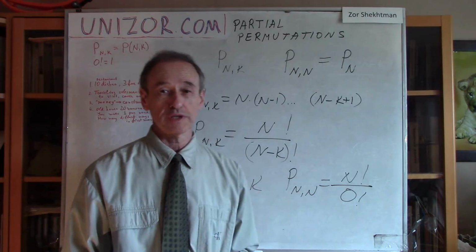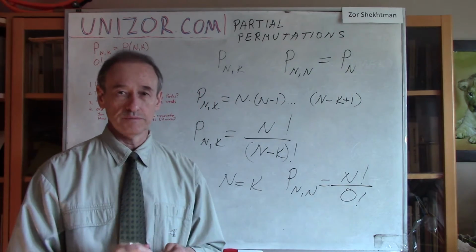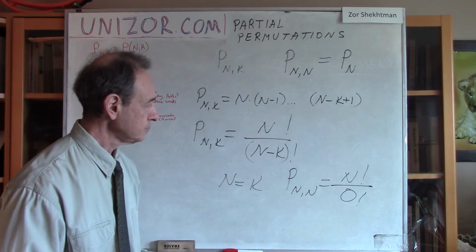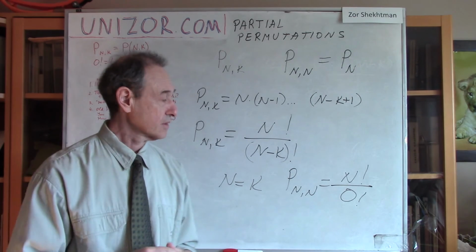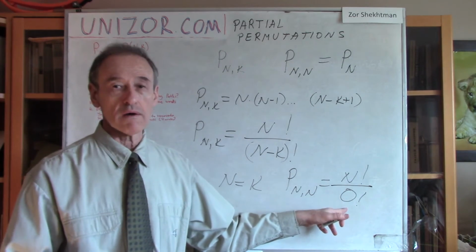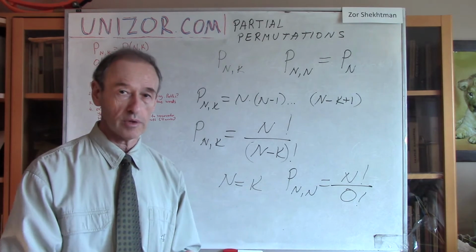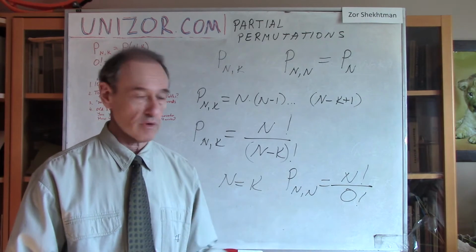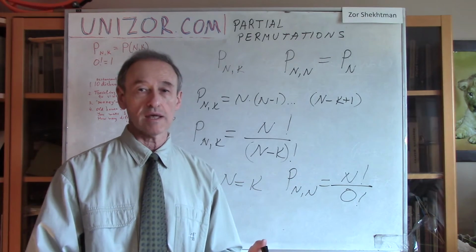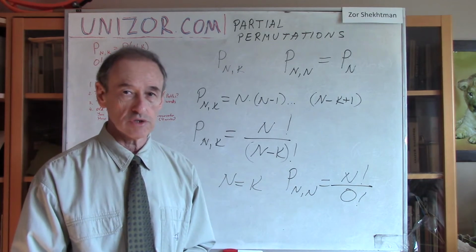Wow, 0 factorial is something new. We always say that factorial is the product of numbers from 1 to our number. Well, this is 0 factorial, so it makes absolutely no sense in that particular definition.